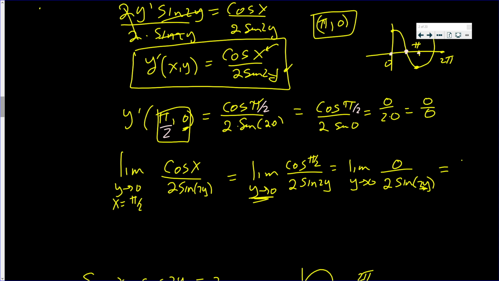So the top is always 0, and the bottom will not be 0. Why? Because 2 is not 0, and anywhere near 0, not including 0 itself, that function is not 0. So the limit is 0. You actually have a horizontal tangent line there.